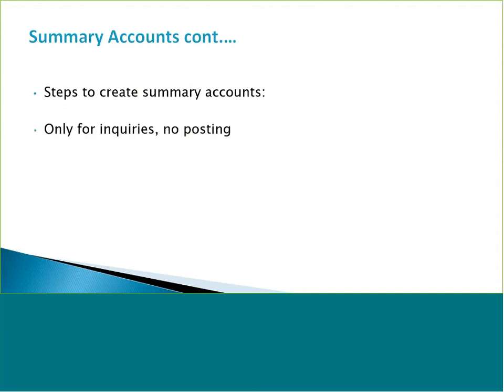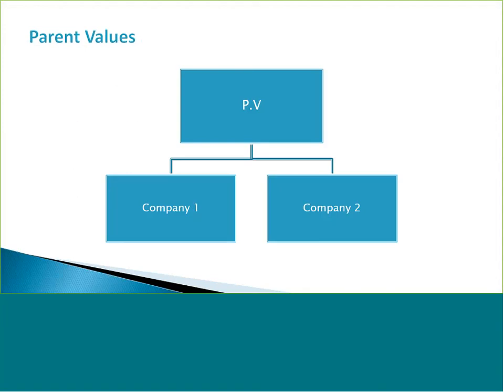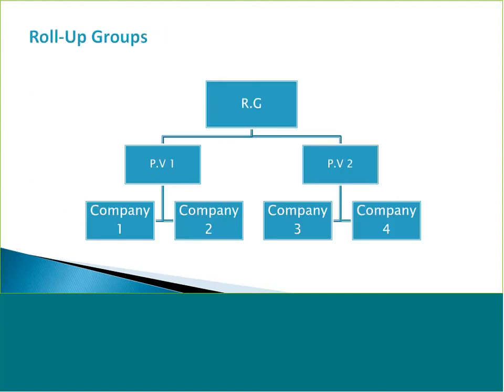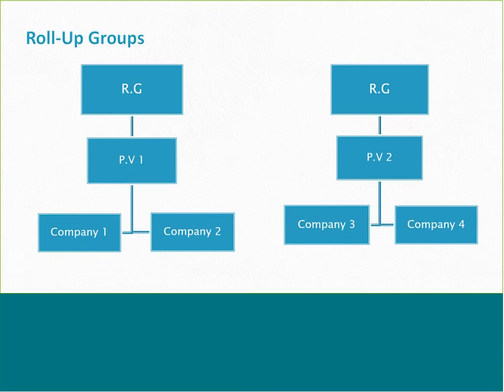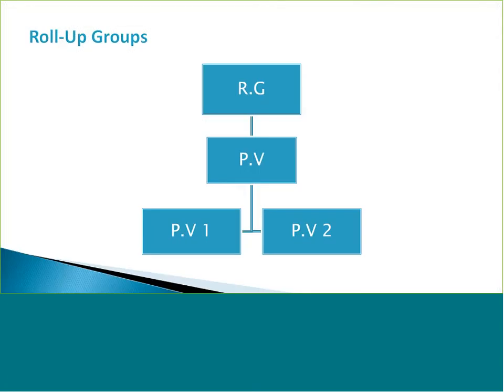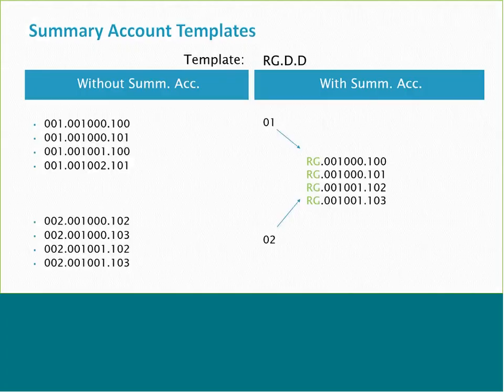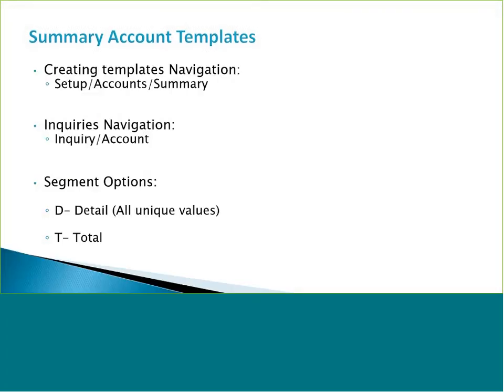We have created roll-up groups, and we have seen the relationship and the various ways that we can set up the roll-up groups in order to meet client needs, depending on what kind of summary balances they want to look at. So in the next lesson, we are going to discuss summary account templates and how they help us to generate summary account balances.